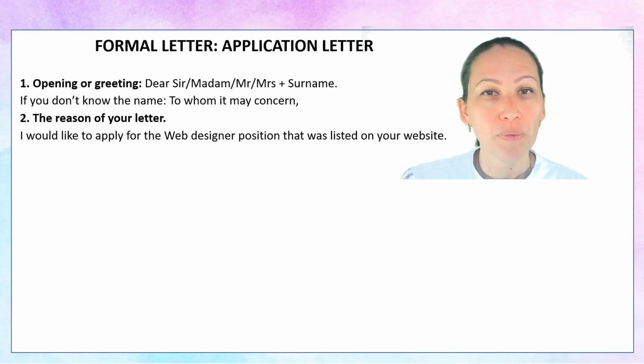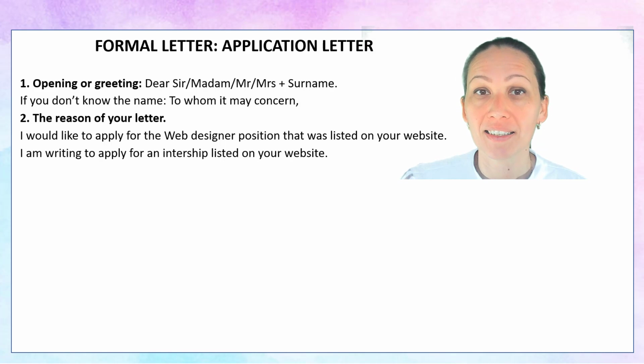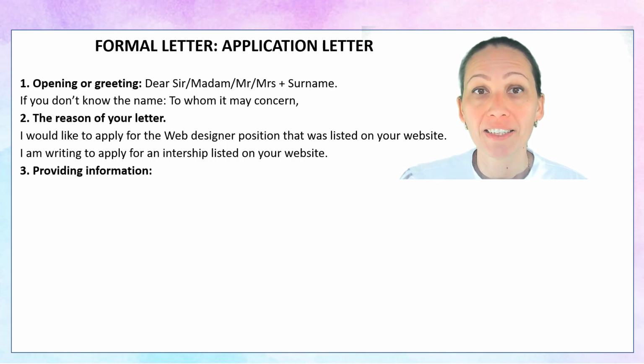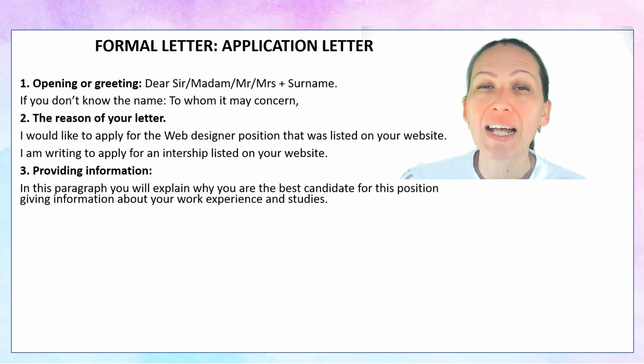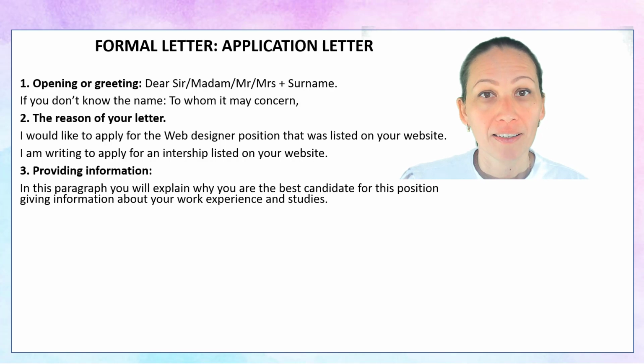In case you would like to apply for internship, you can use a sentence like this. I'm writing to apply for internship listed on your website. In the third paragraph of your letter, you need to provide more information about yourself, about your work experience or your studies. And here you need to explain to your employer why you are the best candidate for this position.